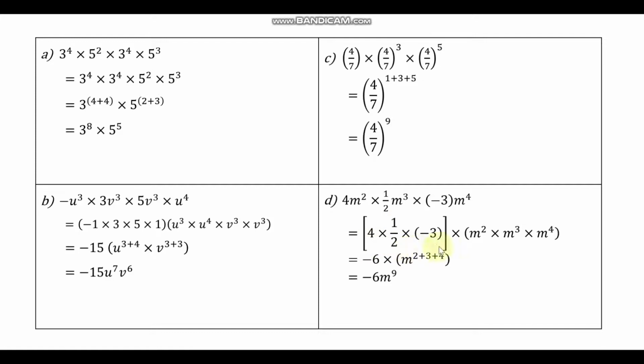So in this bracket, finally we got the answer negative 6 times m to the power of 2 plus 3 plus 4. So the final answer is negative 6 m to the power of 9. The 9 is the result of 2 plus 3 plus 4.